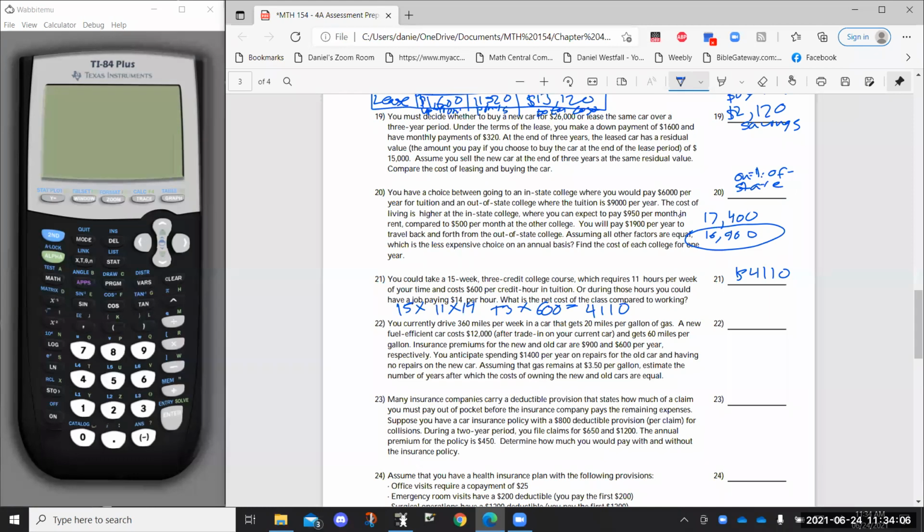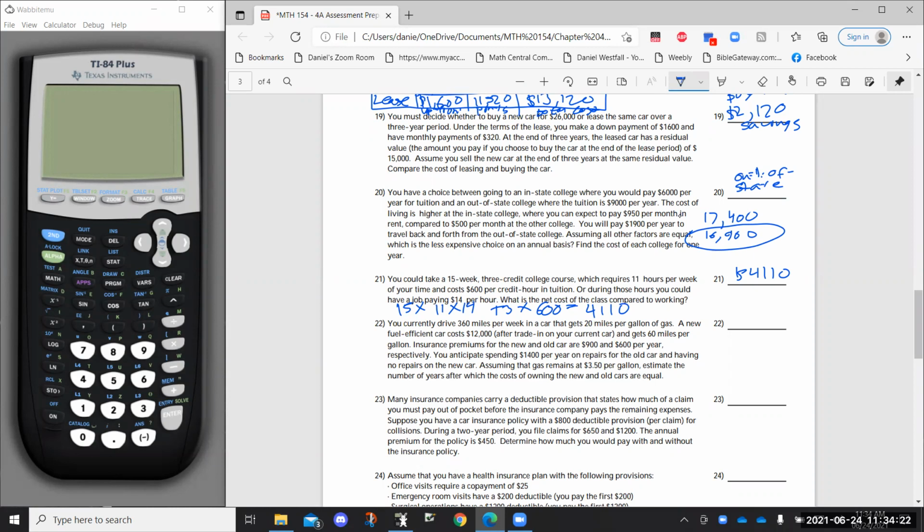You currently drive 360 miles a week, in a car that gets 20 miles to a gallon, and so on. You have more tables that you can make here.